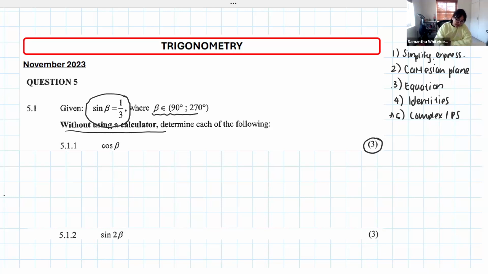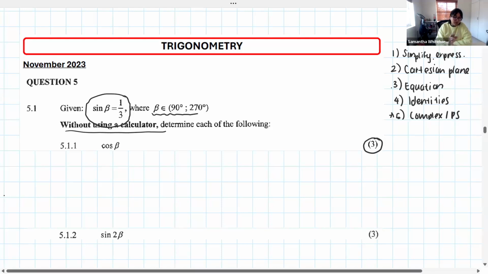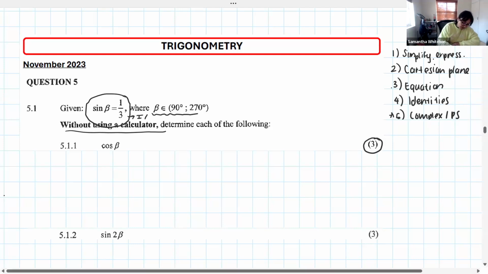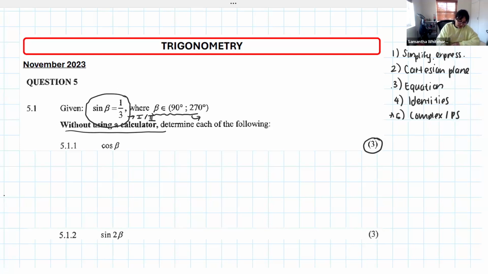So if we now break down what we have here, what we've been given is sine beta equals positive a third. So automatically we know the ratio for sine is positive, which means that I'm working either in quadrant 1 or quadrant 2. The second bit of information I was given, that beta is an element of 90 to 270, is essentially telling me to ignore quadrant 1 and quadrant 4.